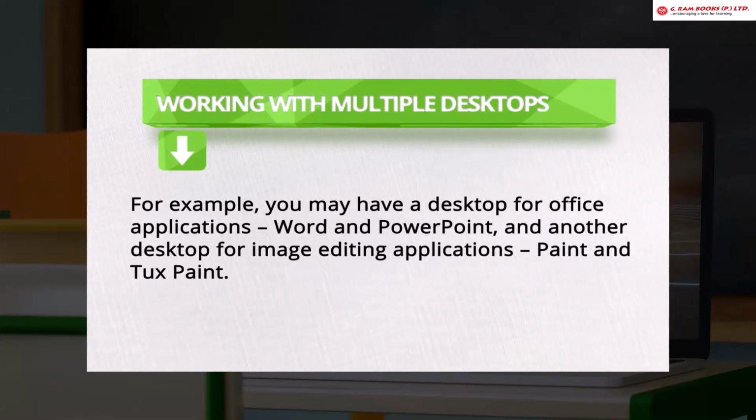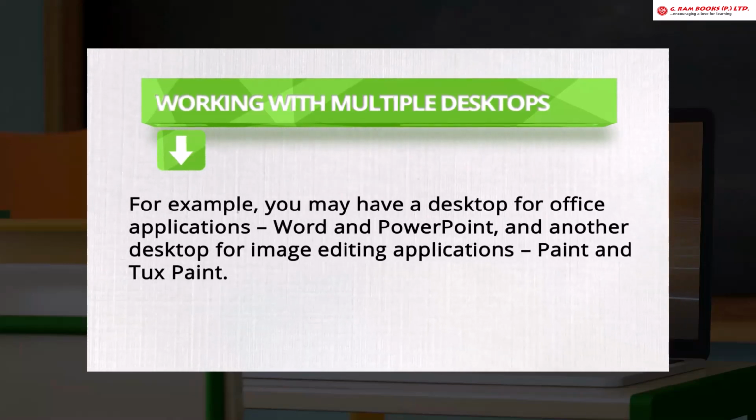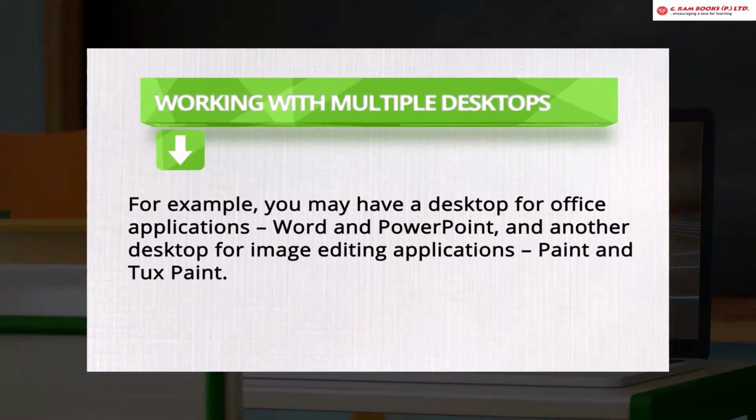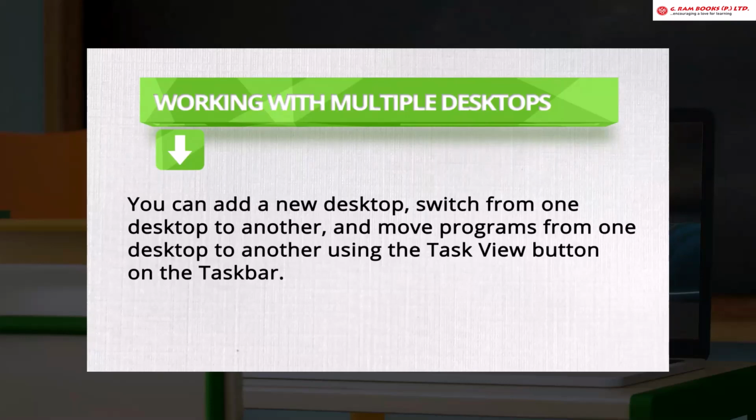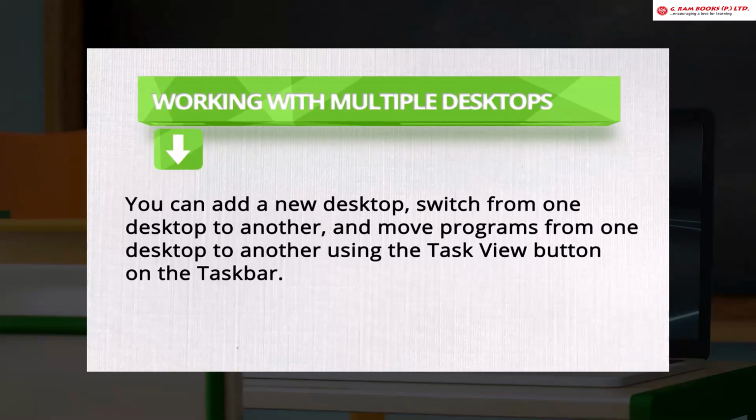For example, you may have a desktop for Office applications, Word and PowerPoint, and another desktop for image editing applications, Paint and Tux Paint. You can add a new desktop, switch from one desktop to another, and move programs from one desktop to another using the Task View button on the taskbar.